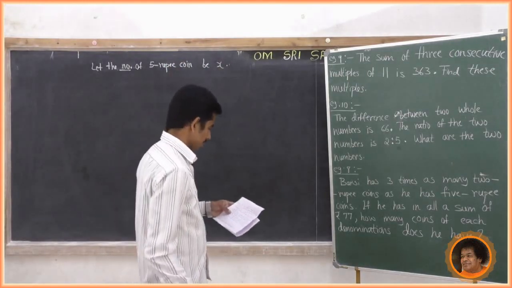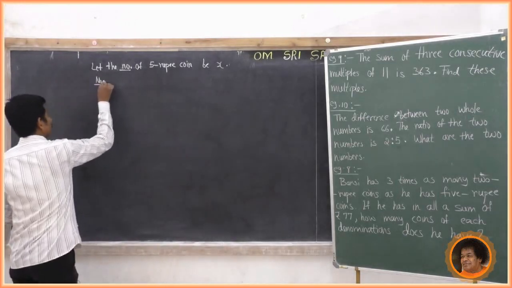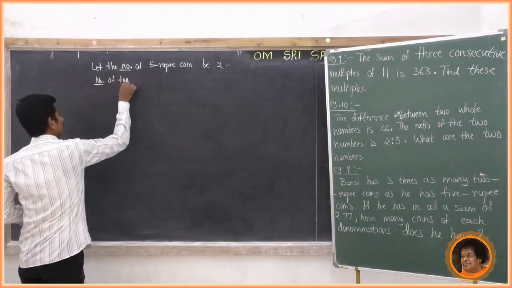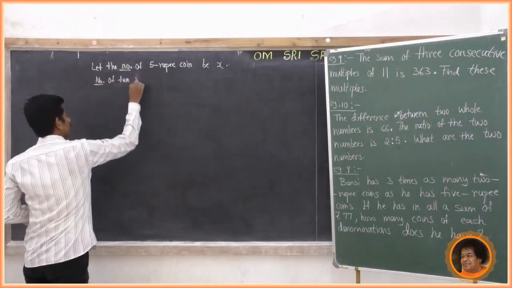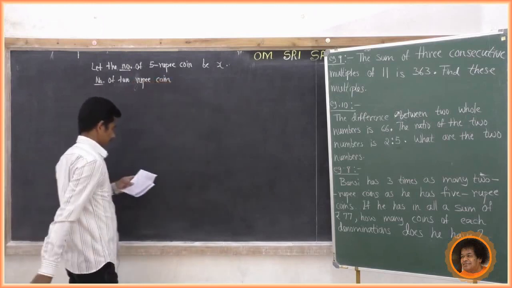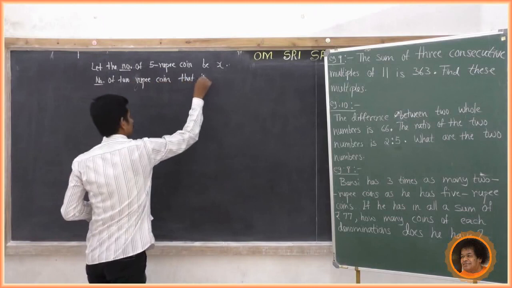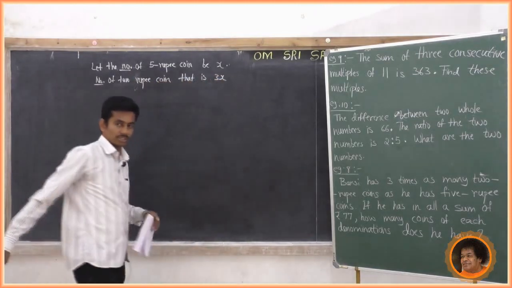Now the number of 2 rupee coins, that is 3x. Why is it 3x?